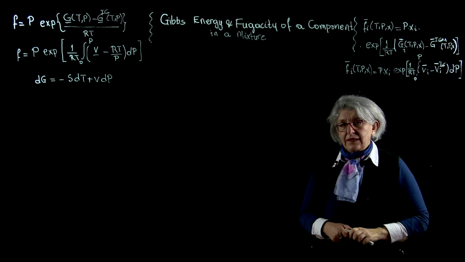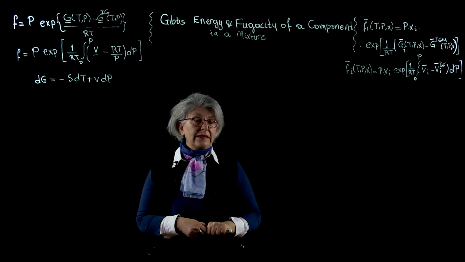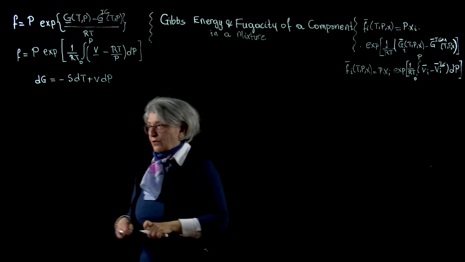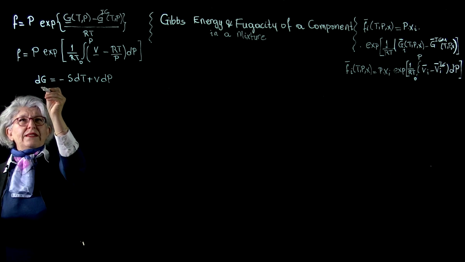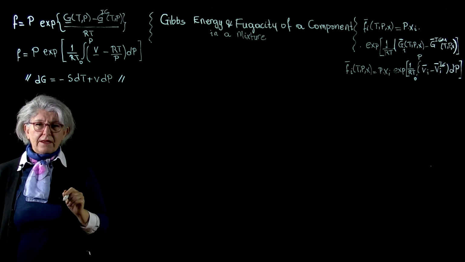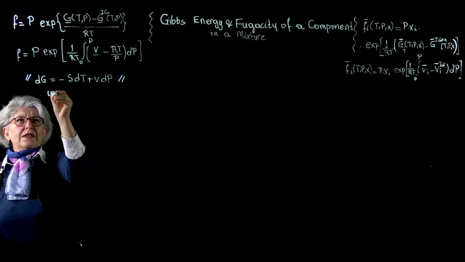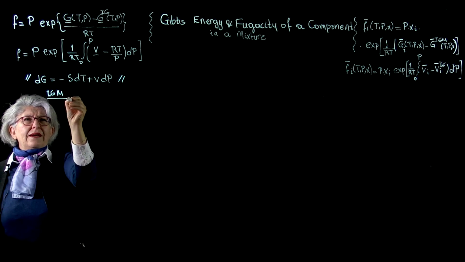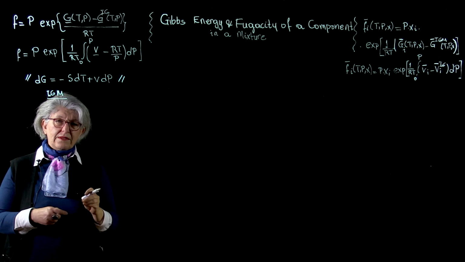Let's see the Gibbs free energy of component i in an ideal gas mixture. So let's start from, again, this definition of the Gibbs free energy, and we're going to have an ideal gas mixture, and in that ideal gas mixture we're going to have components.